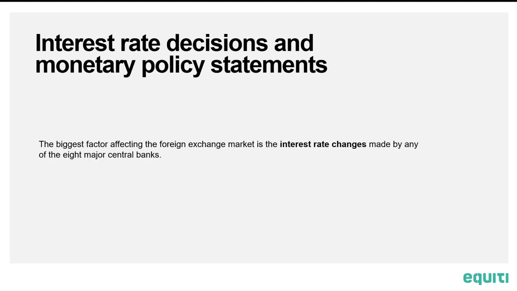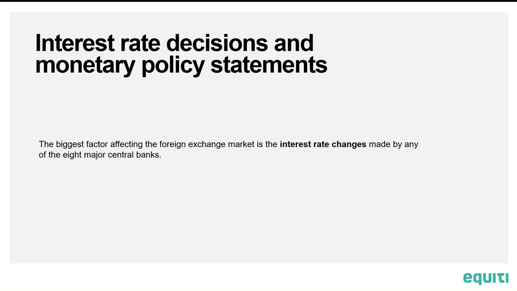Now let's talk about interest rate decisions and monetary policy statements. The biggest factor affecting the FX market right now is the interest rate changes made by 8 of the major central banks. Not just the FX market, but also major indices and stocks. You can see that every time the Federal Reserve of America increases interest rates, you will see intense volatility.